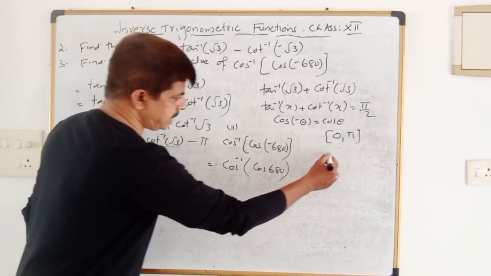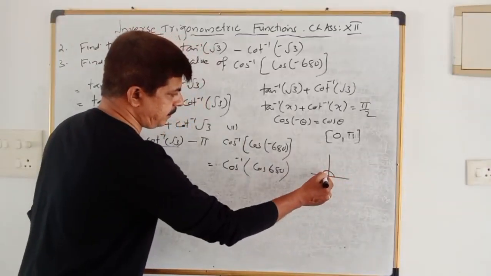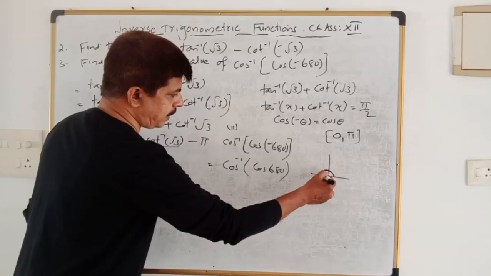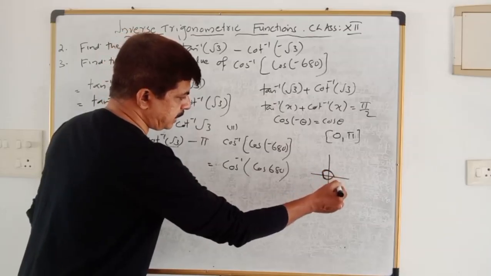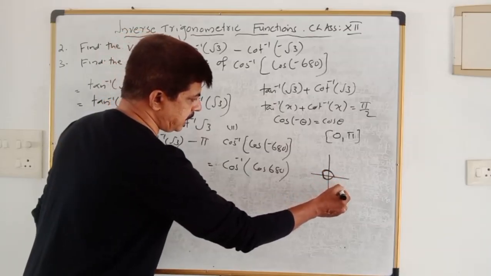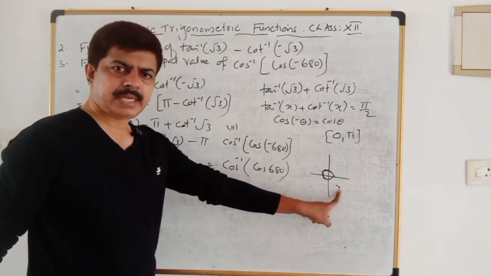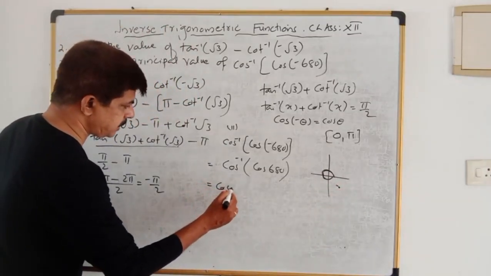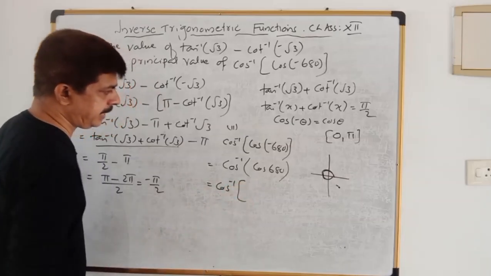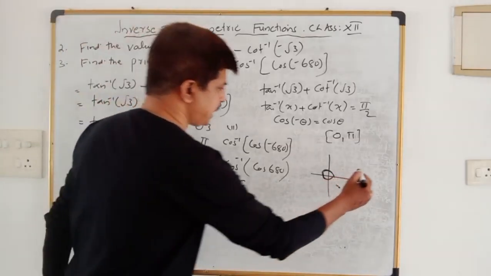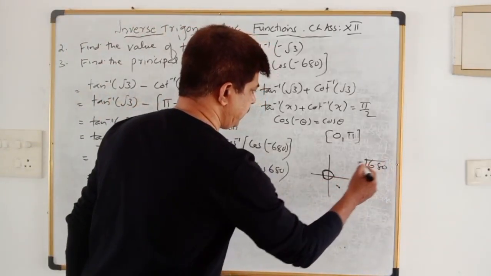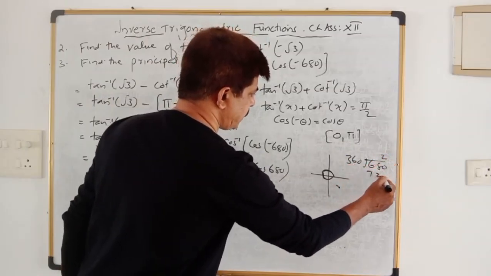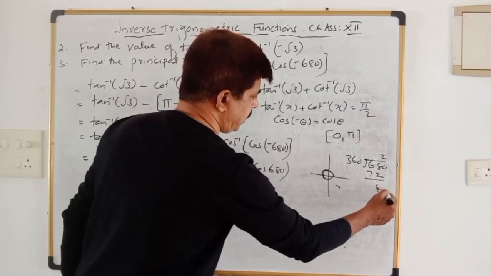So 680 lies where? Let us see, 180, 360, 540, and again 720. So 680 lies in the fourth quadrant. Let us see, 720 minus 40.